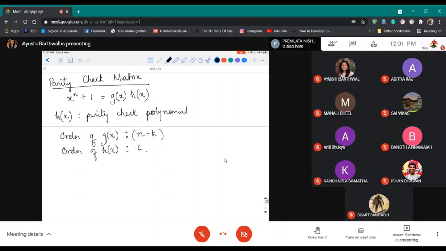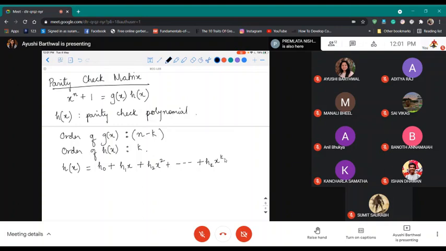Now how will we write a parity check matrix H with the help of the parity check polynomial? We said that it is of the order of k, so h(x) can be written in this form: h0 plus h1x plus h2x square up to hk x raised to the power k.